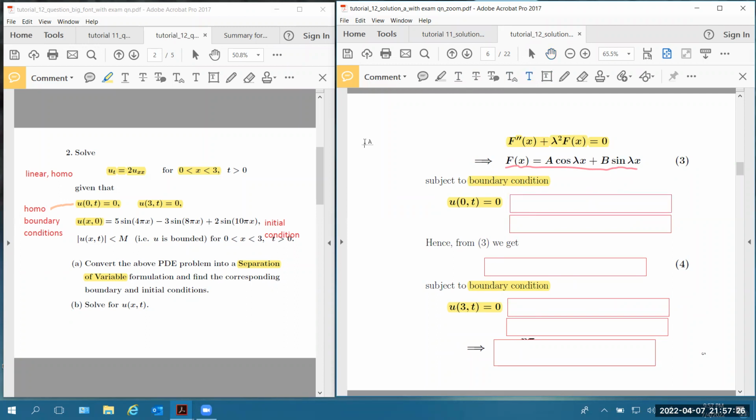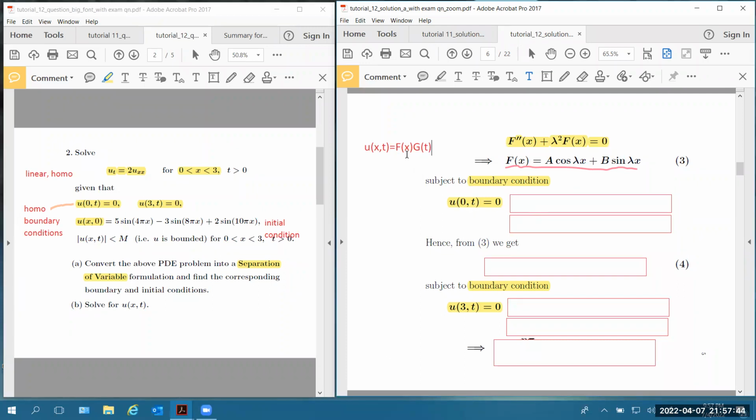So let me type here: u(x,t) is f(x)g(t). That's what you assume, right? Therefore u(0,t) equal to 0.